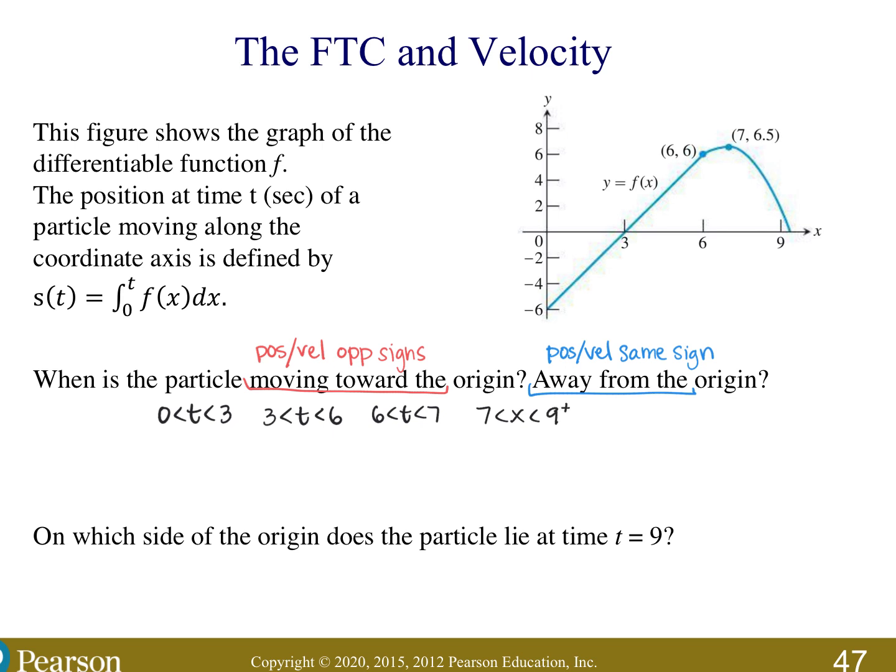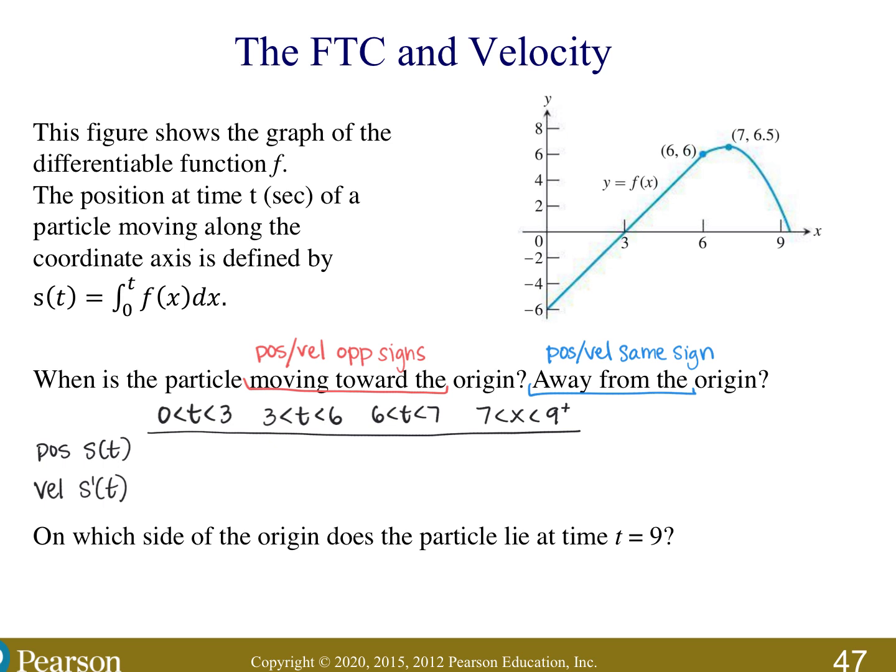I don't know exactly what it is, but it's 9 plus. And I want to compare the position, which is the S of t, and I want to compare it to the velocity, which is the S prime of t. And if you remember from our given, S of t is the area.